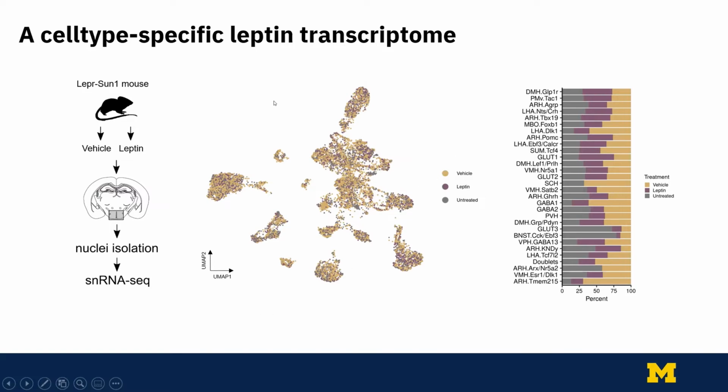And you can see we've taken the same approach of isolating nuclei and performing the same pre-processing approach. You can see here that the vehicle and the leptin-treated cells are well mixed, meaning we don't have major batch effects that would prohibit us from identifying clusters or treatment effects. You can also see that across all populations, we have fairly balanced treatment groups, indicating that we're able to find robust effects of treatment.